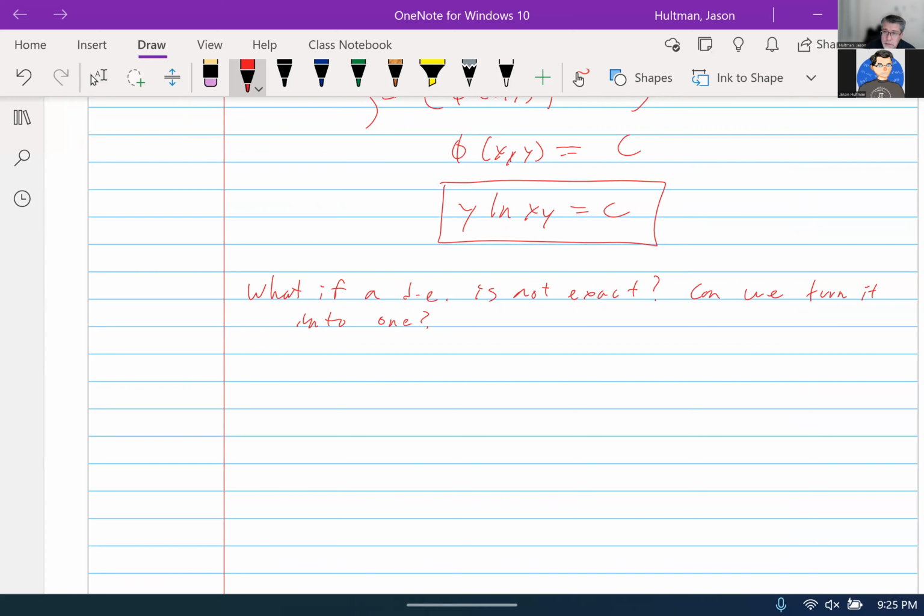If it satisfies a condition, for M(x,y) dx plus N(x,y) dy equal to 0, there exists an integrating factor.